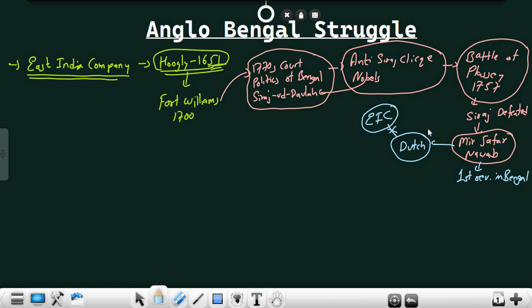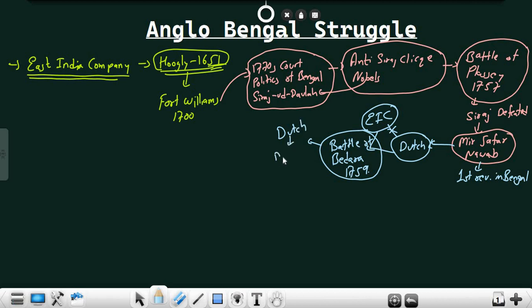To check this collaboration of Mir Jafar with the Dutch, the Battle of Bedara was fought in 1759. In this battle, between the British East India Company and the Dutch, the Dutch were defeated.